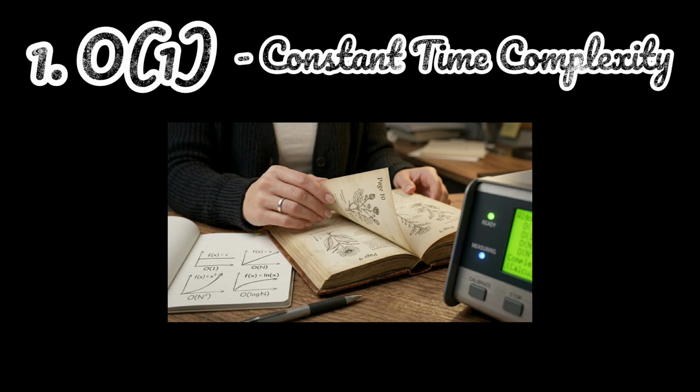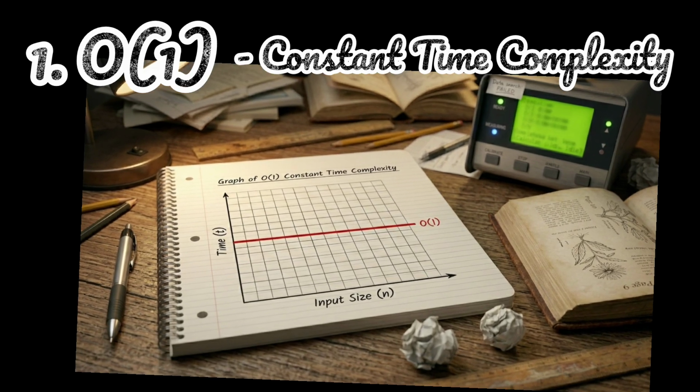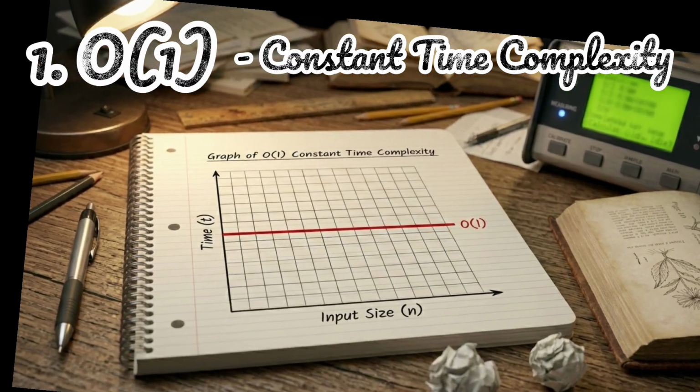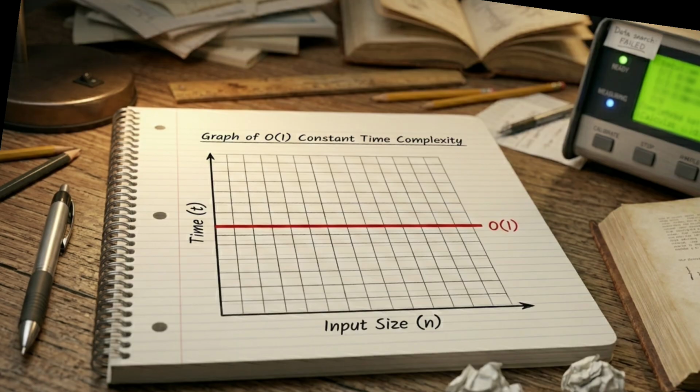You don't need to search every single thing. So constant time means no matter how much it is, 2 milliseconds, 3 milliseconds, we don't care about that. If for all the test cases it takes the same time, then it is called constant time complexity. It will have a flat graph, so it won't be increasing as the input grows.